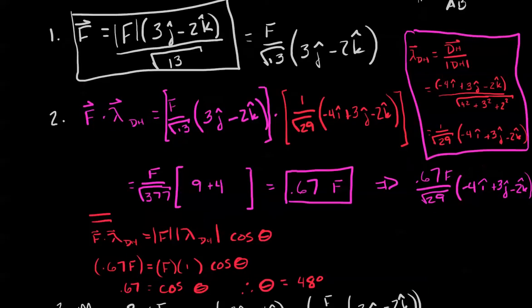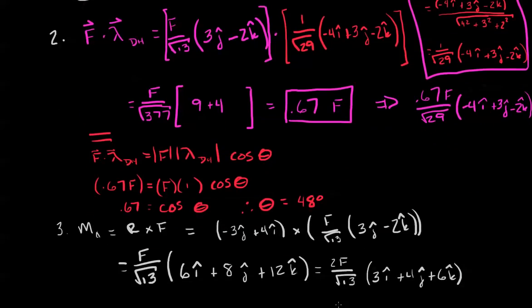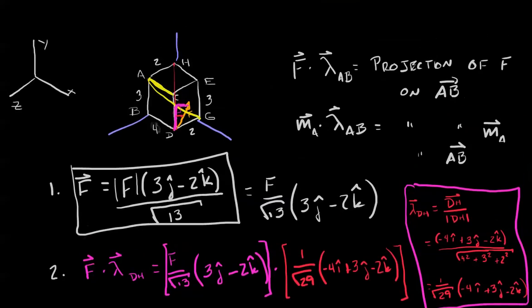Let's take a look at what we have here. We ran the numbers, and we find that the moment about A is 2 times the force divided by square root of 13 times the quantity 3i plus 4j plus 6k. That is our vector, our moment about A. Now we have just enough time that we can say, all right, let's take that moment and see how much of that, what if we constrain that along AC?